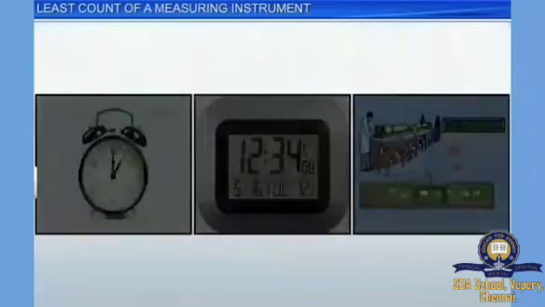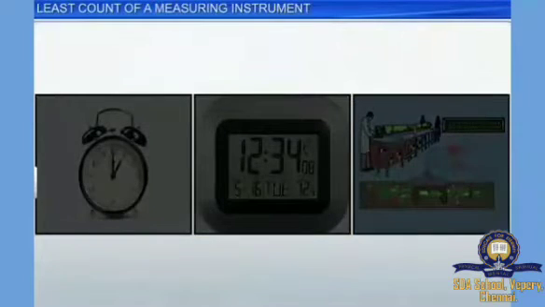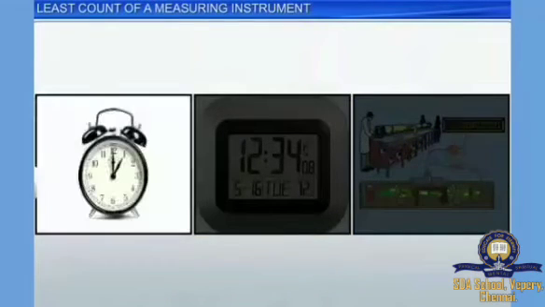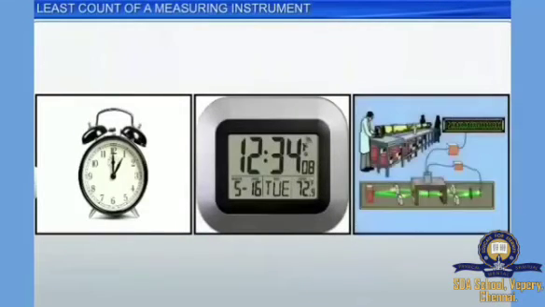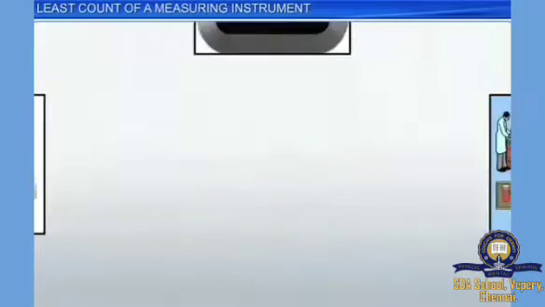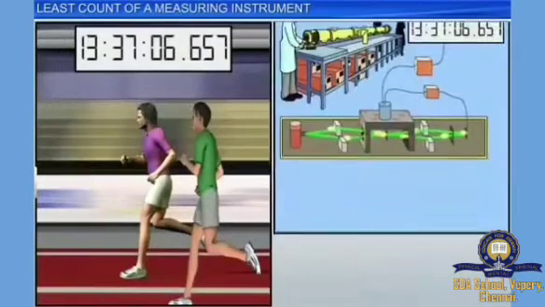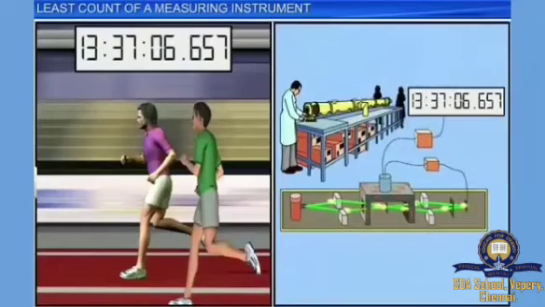There are devices used to measure time, such as the alarm clock, digital clock, and atomic clock. Atomic clocks and quartz clocks are used to measure time very accurately. For example, they are used in athletic meets and in some experiments.